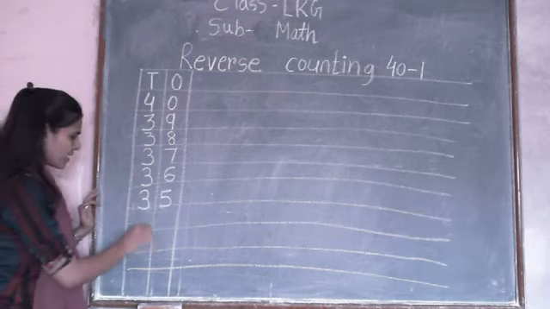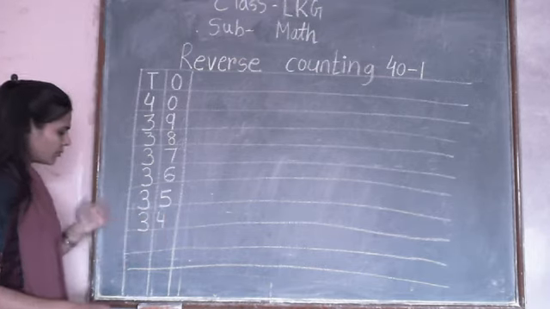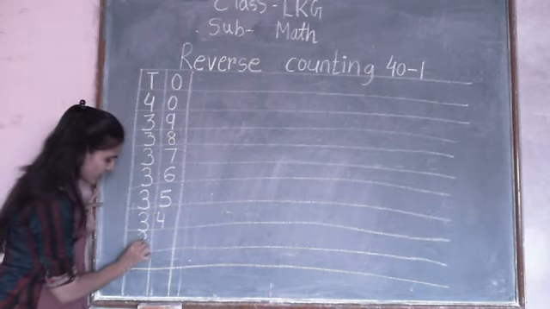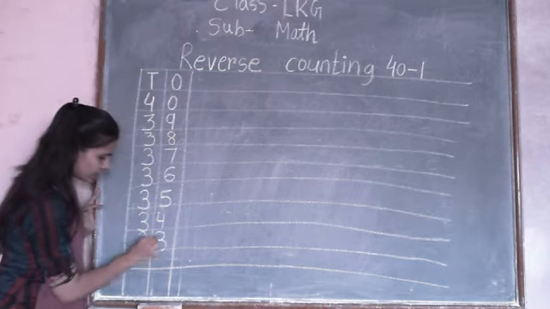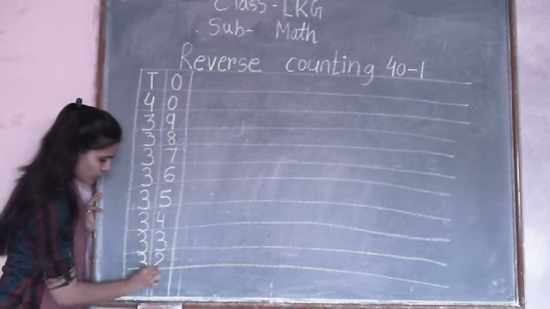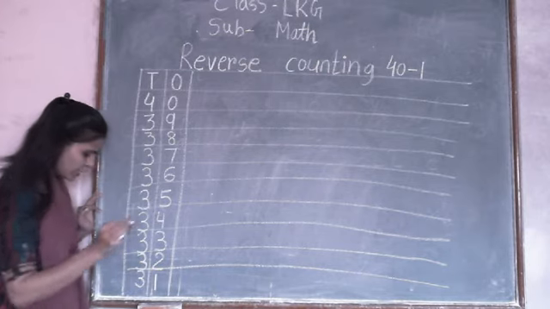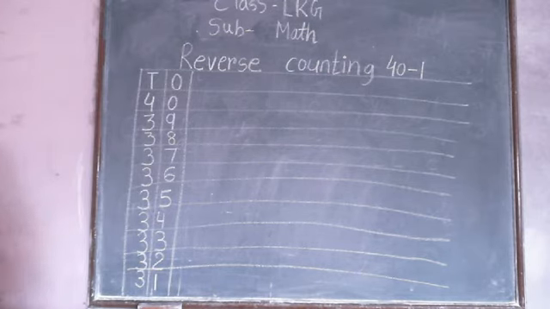Before number 35, 34. Before number 34, 33. And before number 33, 32. And at last 31. So copy from the board from 40 to 31.